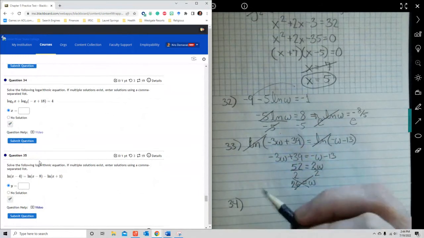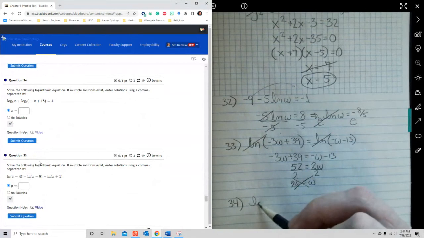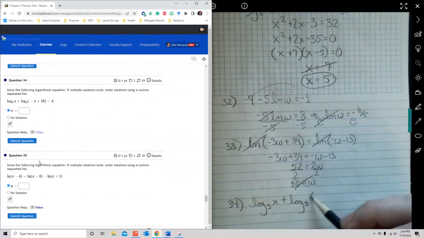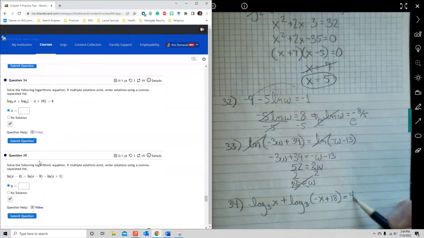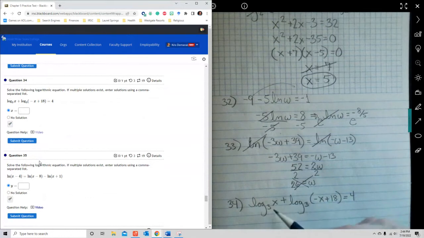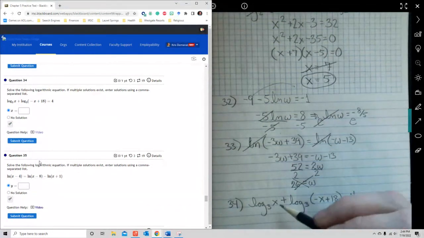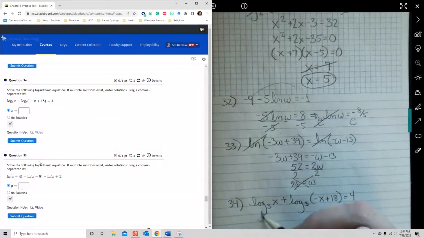Number 34, we're solving this again. Since we're solving this for the logs, we're going to combine these with multiplication.